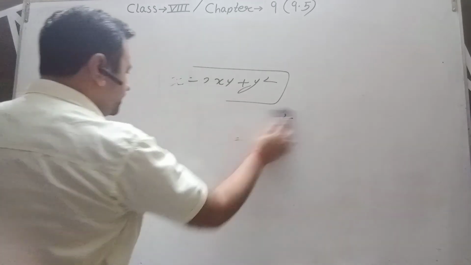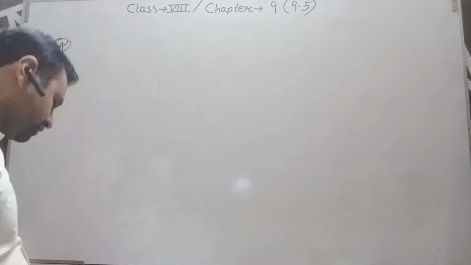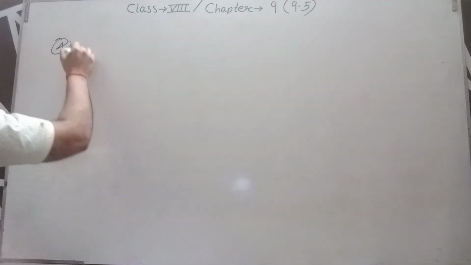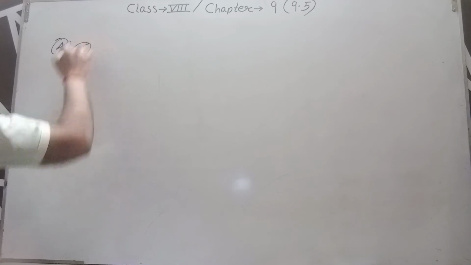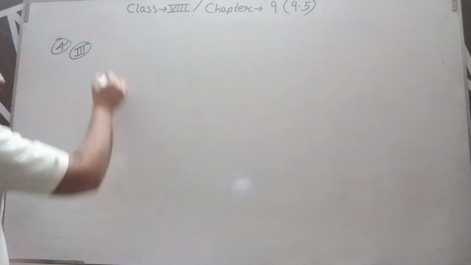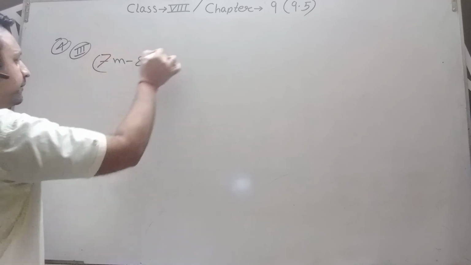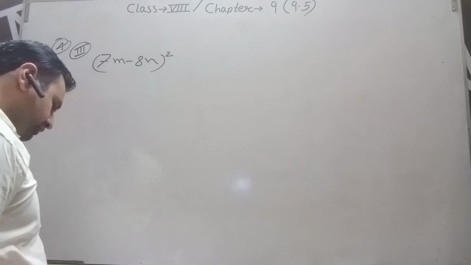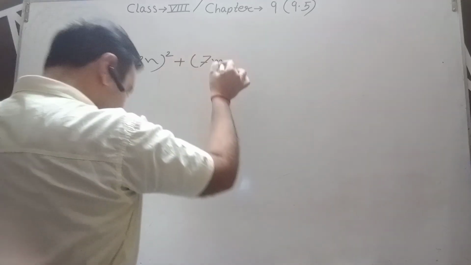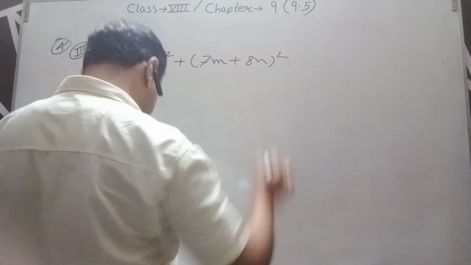Now we note down its third part. In the third part, (7m minus 8n) whole square plus (7m plus 8n) whole square.